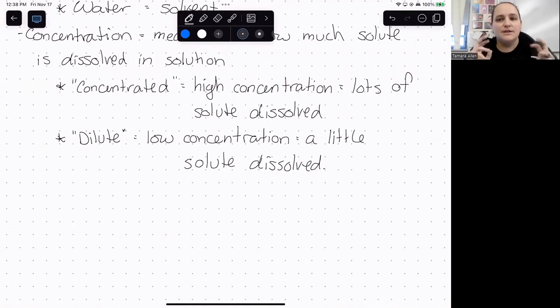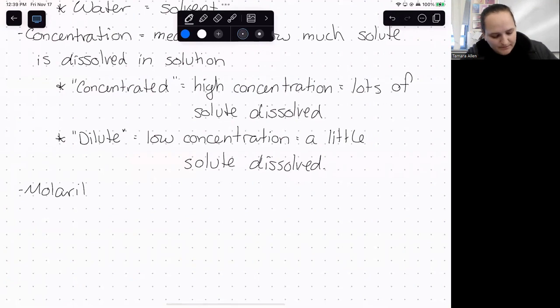So the term concentration is still pretty general because there are lots and lots of ways that we can measure the concentration or lots of different units that we can use to express concentration. The one that is generally used in chemistry is known as molarity.